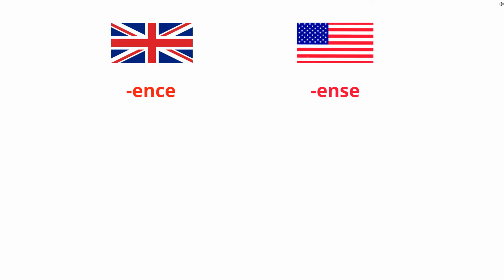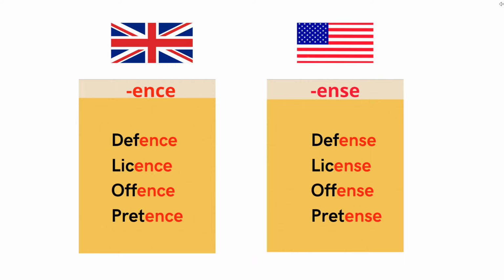For example, when the word license functions as a noun, it ends with ence, but when it functions as a verb, it ends with ense. For example, we have defense, license, offense, pretense. So these are some spelling differences in terms of ence and ense between British and American English.